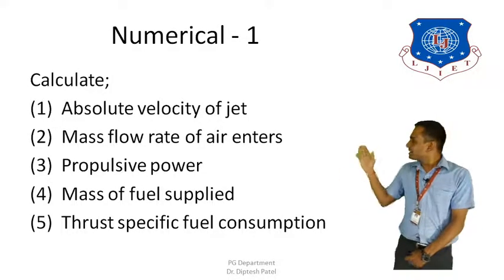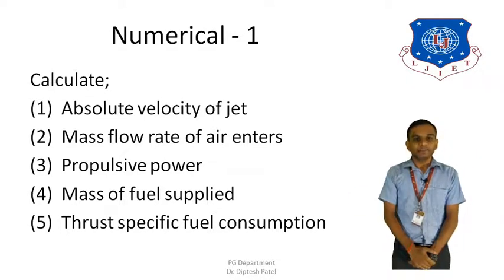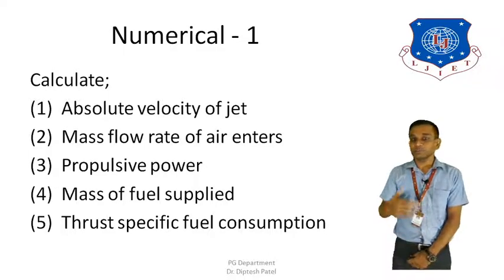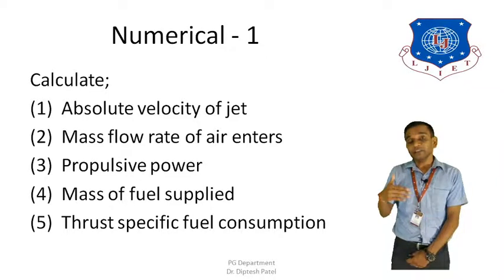Here these are the things that we need to calculate. First of all, the absolute velocity of jet. Here we need to find out the absolute velocity of jet, means the velocity of gases which is flowing out of the jet engine by its own.